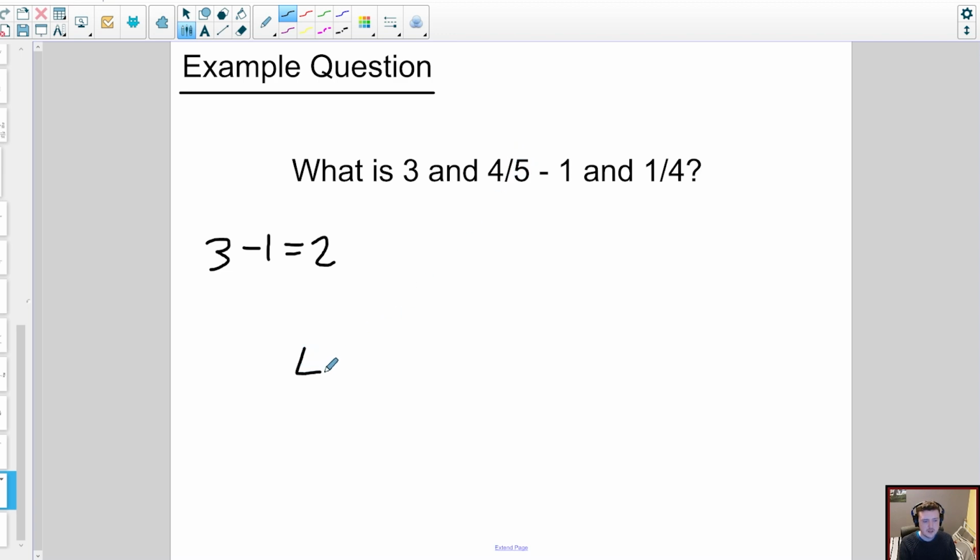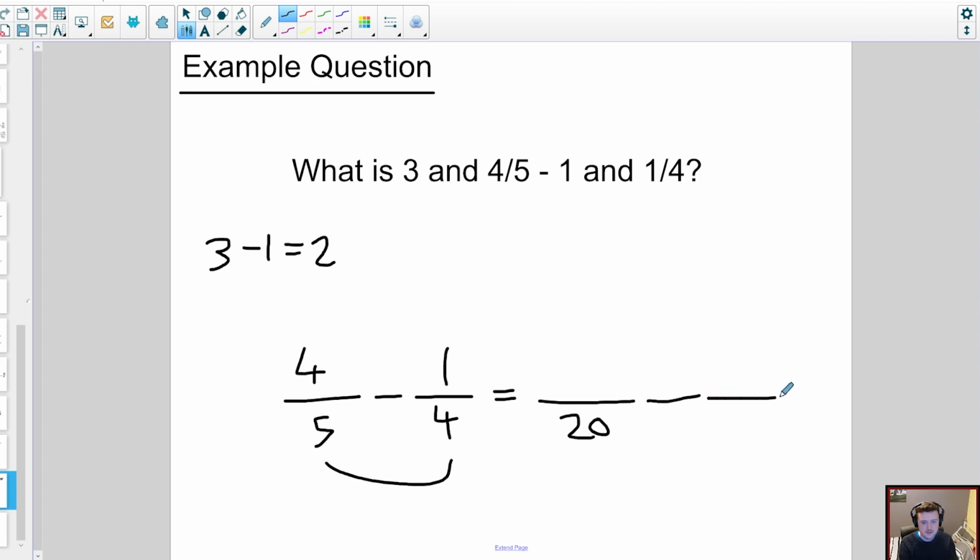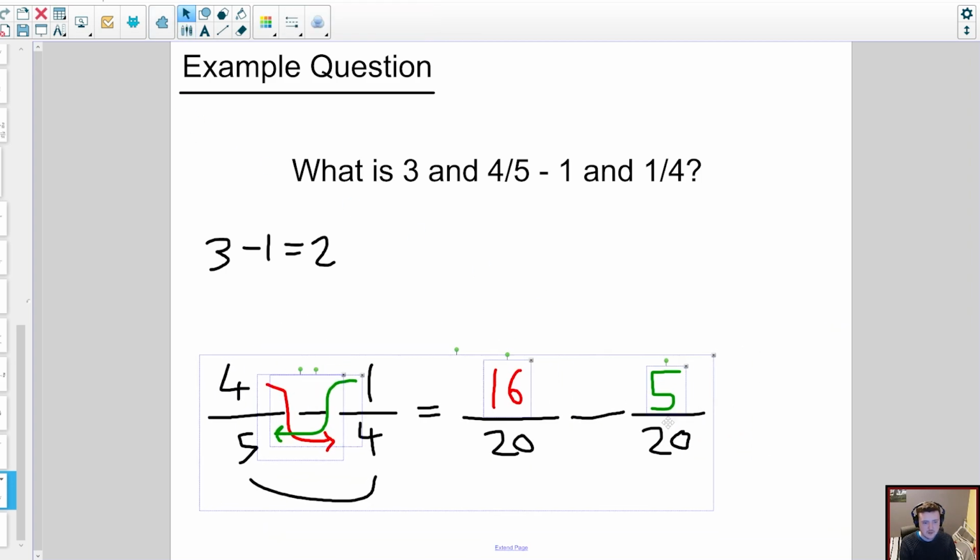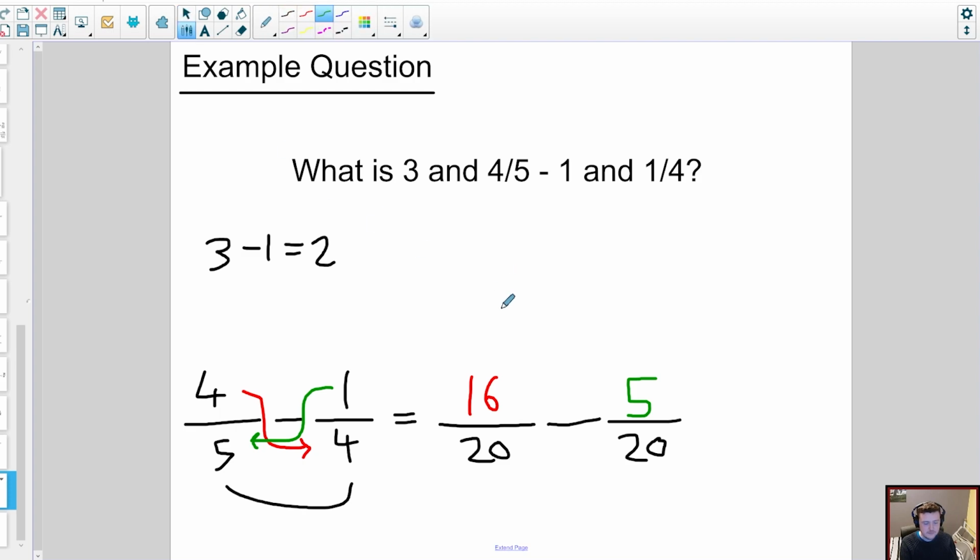Then we can deal with the fraction bit. 4/5 minus 1 quarter. Okay, starting again. 5 times 4 is 20. So we're going to have 2 fractions out of 20. Diagonally multiplying across, 4 times 4 is 16. And 1 times 5 is 5. Okay, so now we've got 16 take away 5. 16 take away 5 is 11.